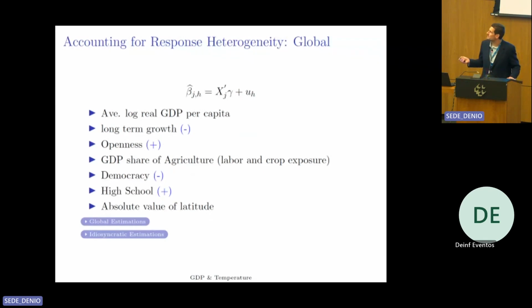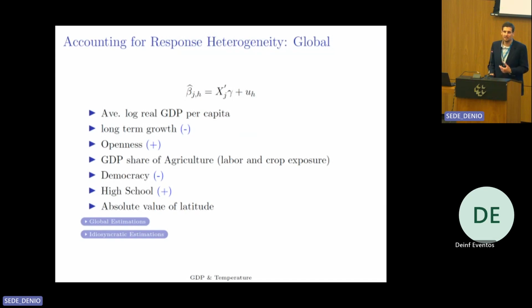It seems that openness, and this is the response to a global shock, is going to be positive. A country that's more exposed to other countries, in this measure, is responding more positively to global temperature variation. We didn't see anything with agriculture. Democracy was negative, and education was positive in this case.